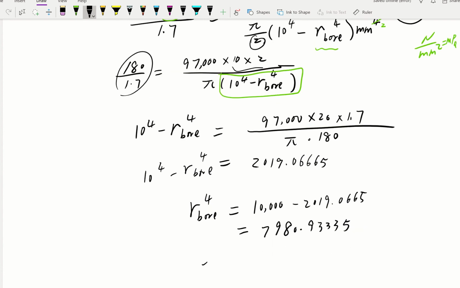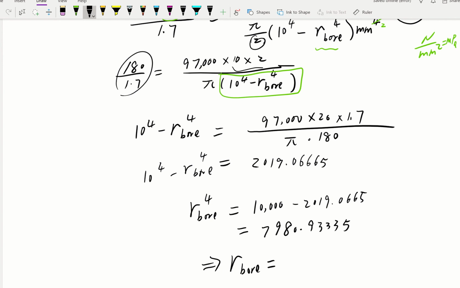Then we're going to solve our radius, which will be to the power of 1/4, right? So we'll do 7980.9335 to the power of 1/4.